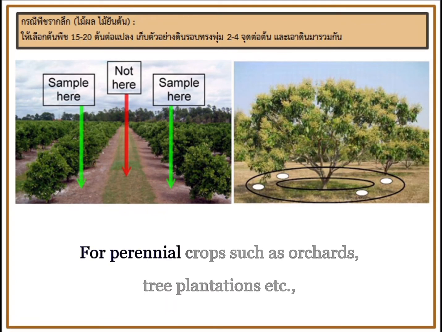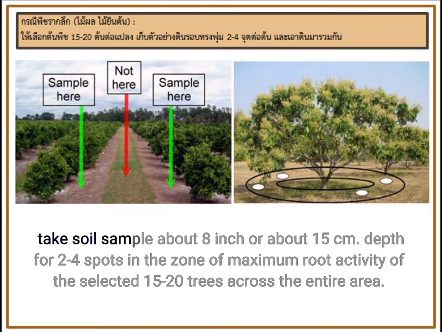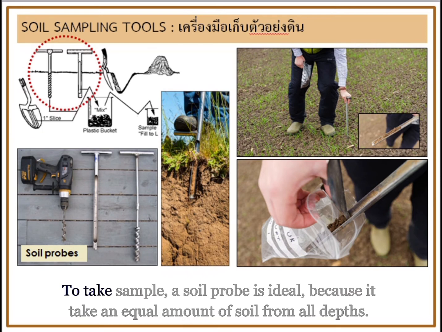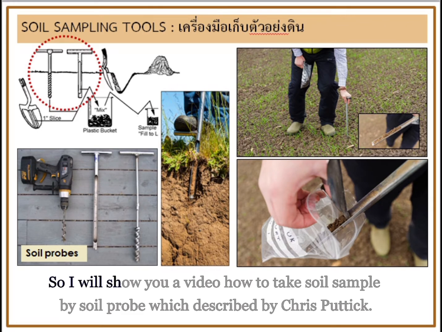For perennial crops such as orchard, tree plantations, etc., take a soil sample about 8 inches or about 15 cm depth for 2 to 4 spots in the zone of maximum root activities of the selected 15 to 20 trees across the entire area. To take a sample, a soil probe is ideal because it takes an equal amount of the soil from all depths. So, I will show you a video on how to take the soil sample by soil probe, which is described by Chris Patrick.